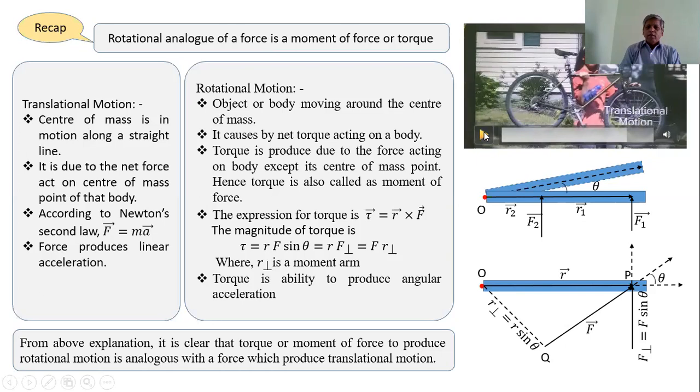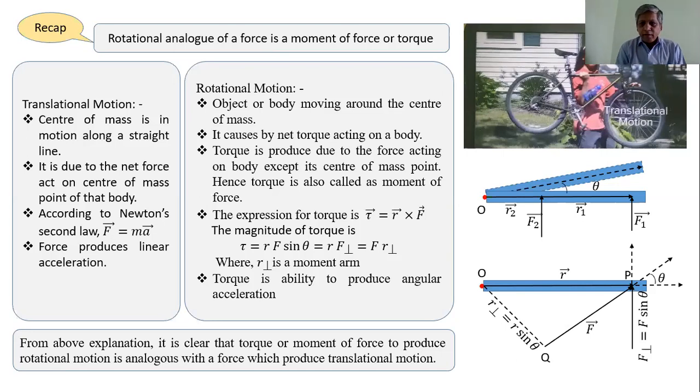Here, the man is carrying the bicycle on his shoulder. In that case, the force acts on the different particles, and the net force acts on the center of mass point.